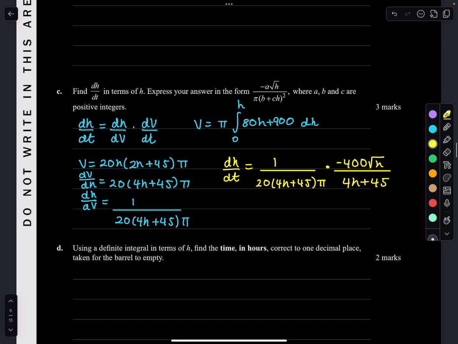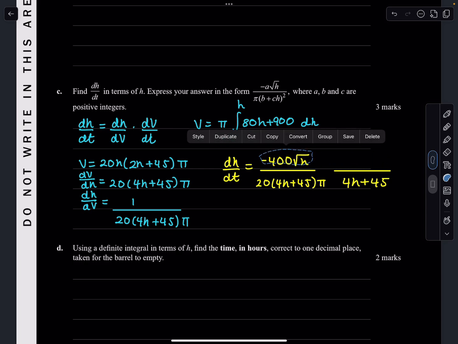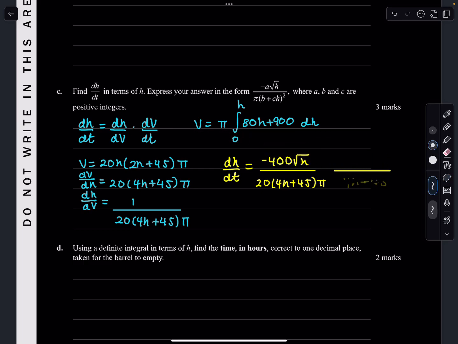Just putting everything together, this part goes here. These actually have the same thing, so we can rub that out and put a squared here.